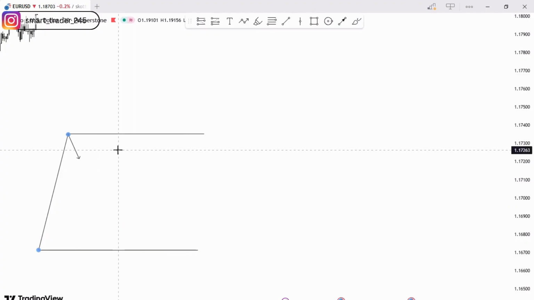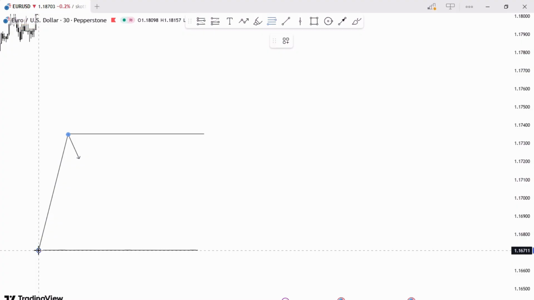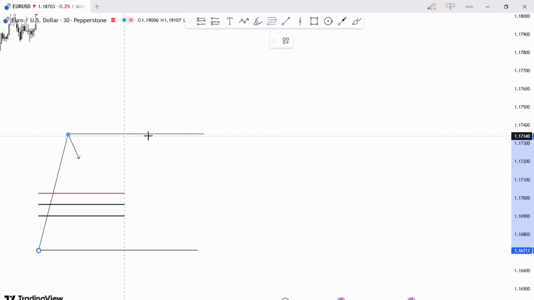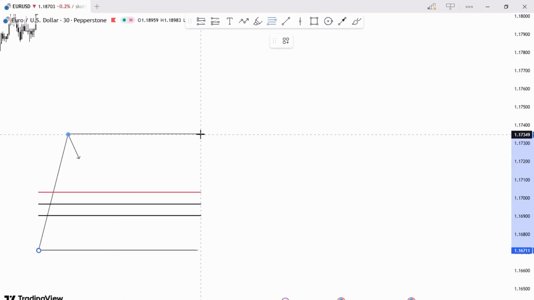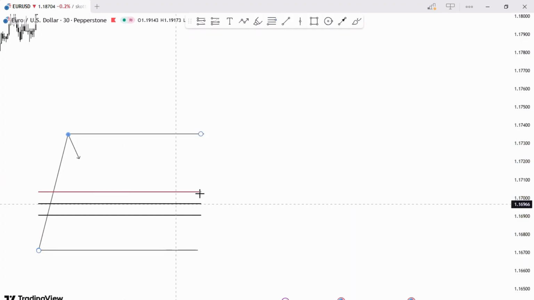Now this gives me a trading range. When we have a confirmed trading range, I use my Fibonacci retracement tool to find areas of buying, my areas of interest. The red line represents the equilibrium of the trading range. With this red line, I'm able to see where to start looking for buys in an uptrend.